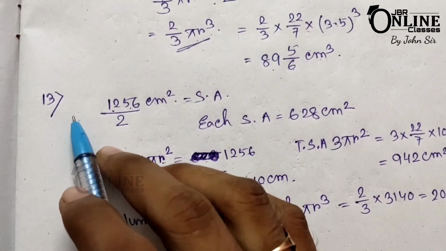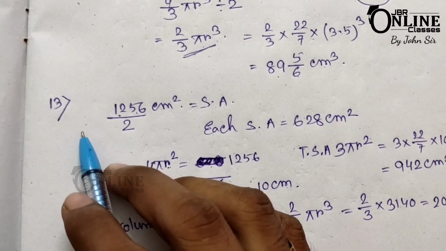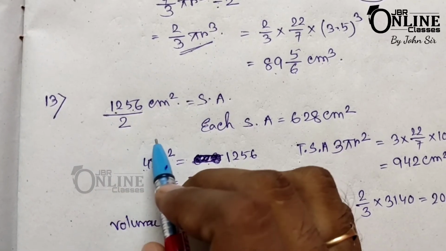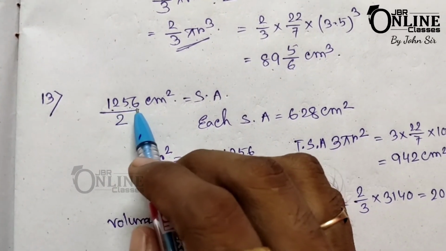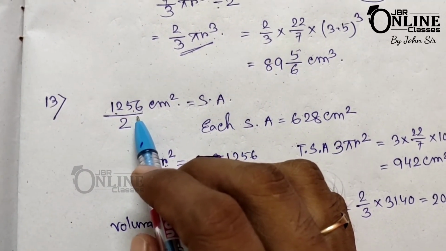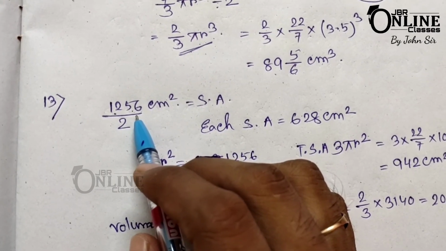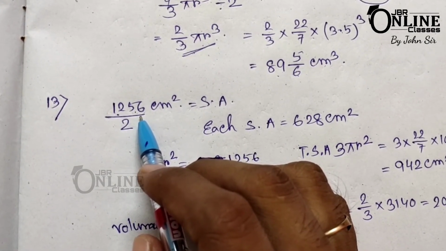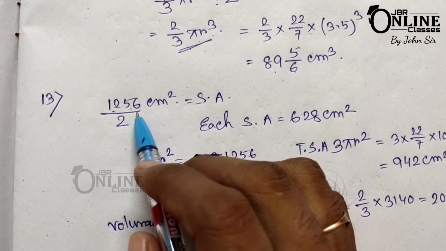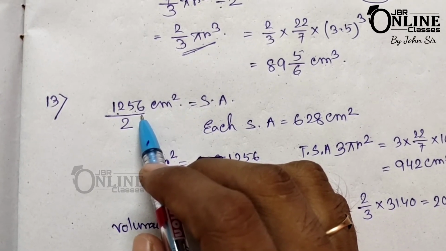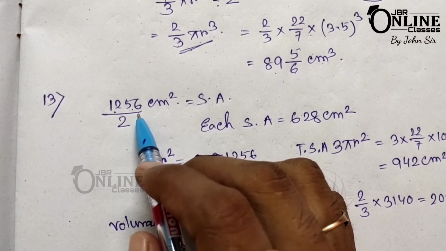Now here the last problem from that exercise, sum number 13. The surface area of a solid sphere is 1256. It is cut into two hemispheres. Then find the total surface area and the volume of a hemisphere.